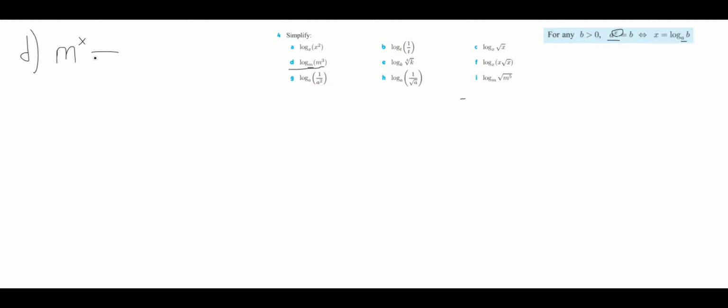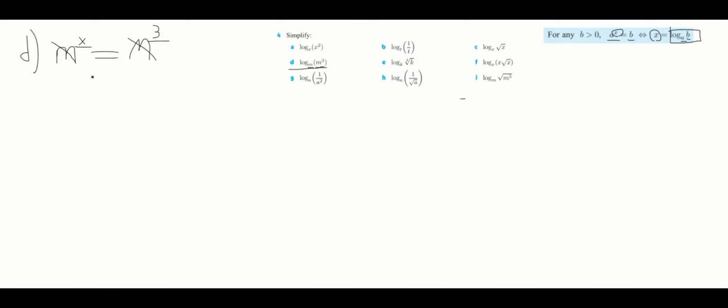X equals, and then our B value is M cubed. So we're going to use that as our B value, and that's going to be M to the power of 3. And since they're the same base, we can just cross out both of the M's. So it's X equals 3. And since it's this X that we've just found, that means that the entire equation equals 3.